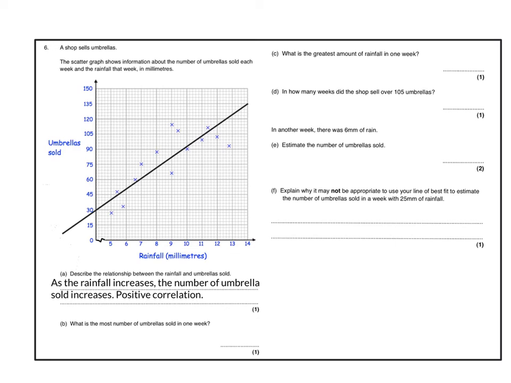What is the most number of umbrellas sold in 1 week? So we go to the number of umbrellas sold, and the most number of umbrellas sold is going to be the highest point, which is this point here. And let's have a go across.